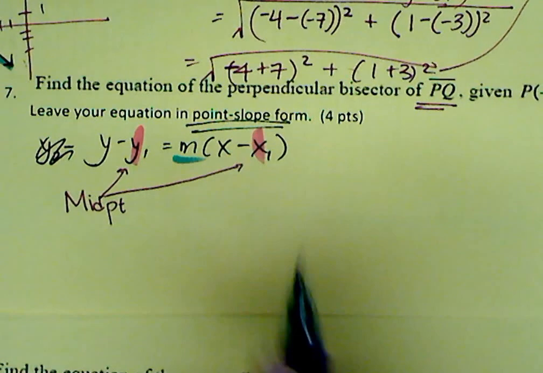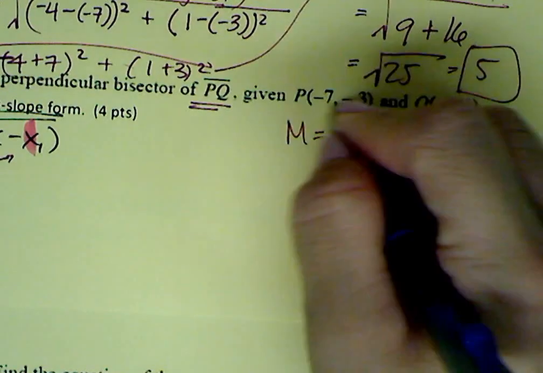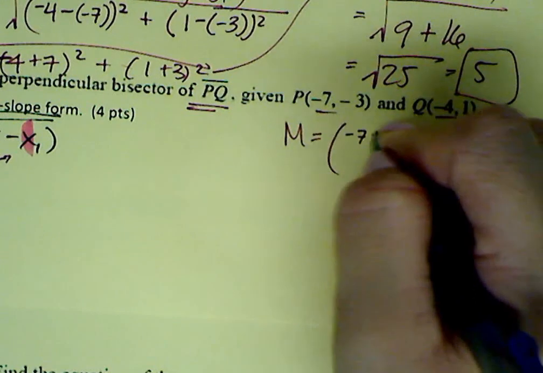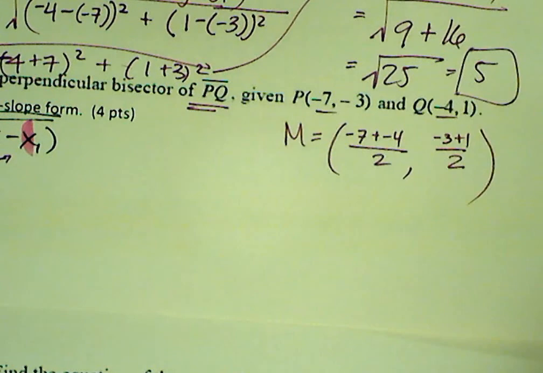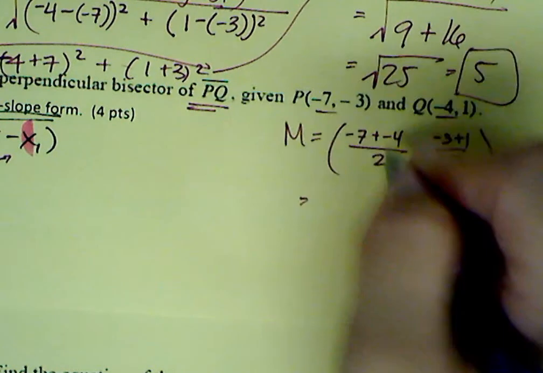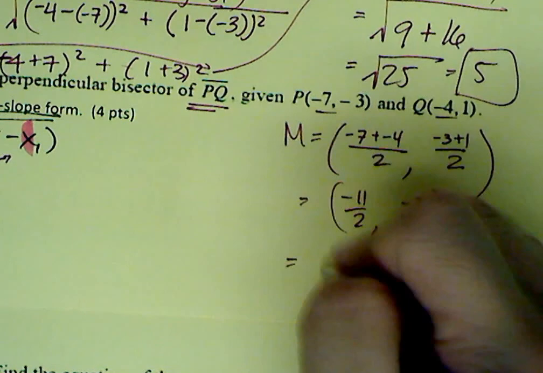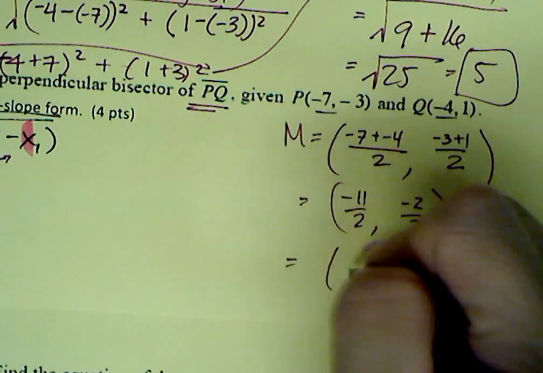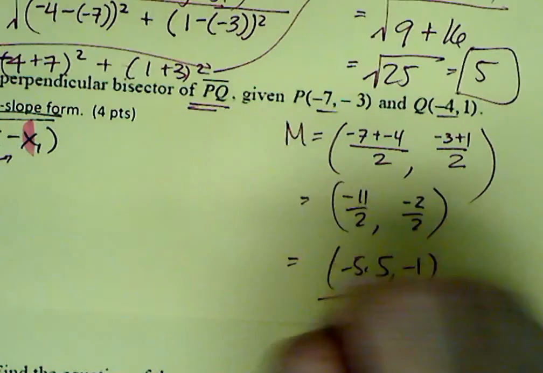You use this point, not the other point. What's the slope? Find the slope of PQ, right? Which is y2 minus y1 over x2 minus x1, which is 4 over 3.